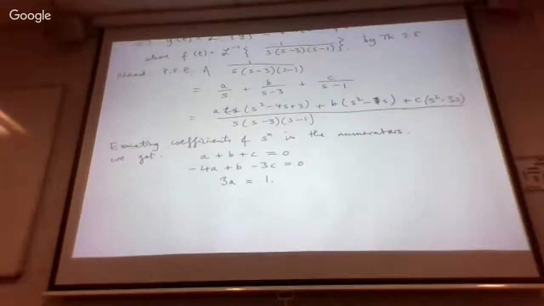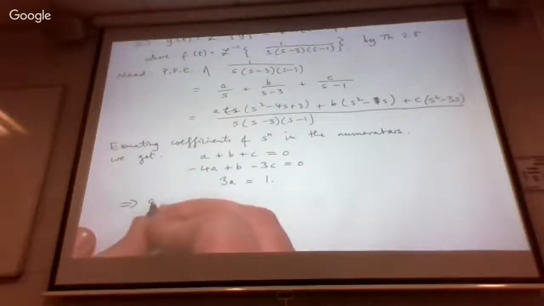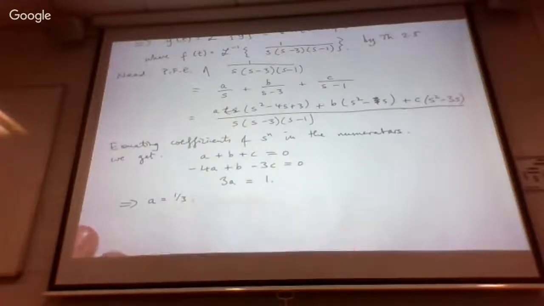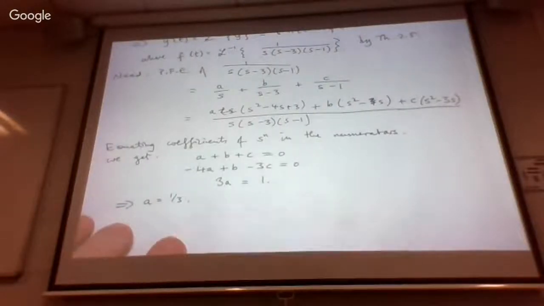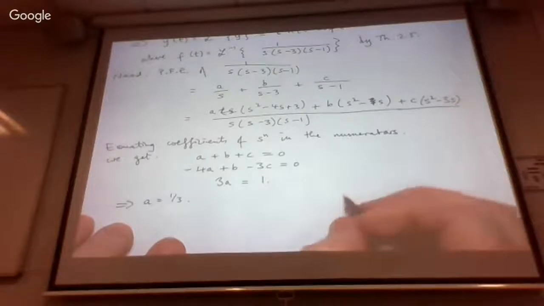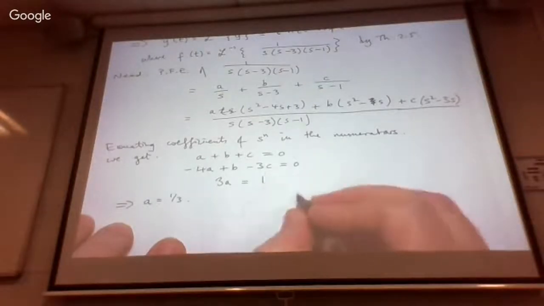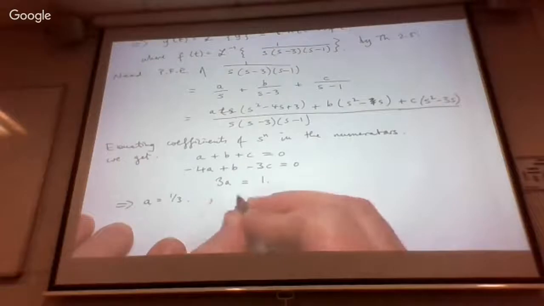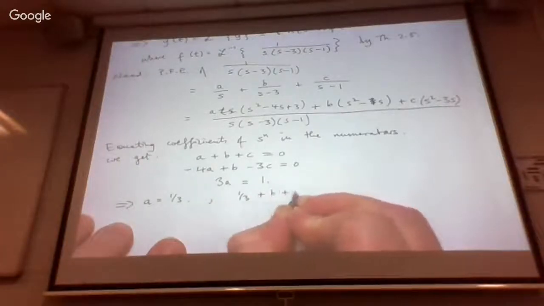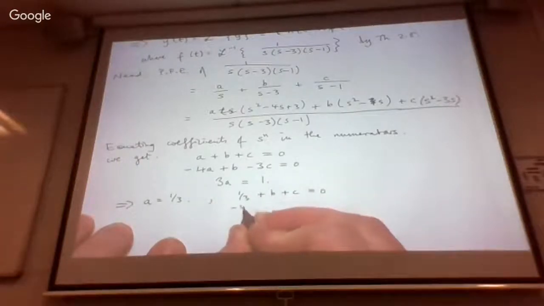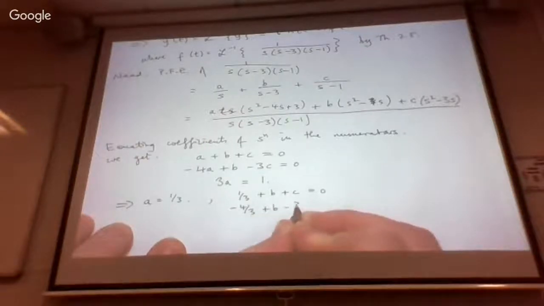Okay. So, well, at least we can immediately read off some of that. So a must be a third. A is a third, then we get a third plus b plus c equals 0, and minus 4 thirds plus b minus 3c equals 0.